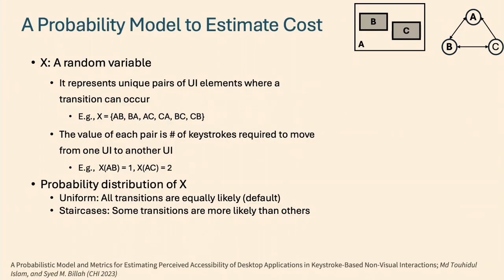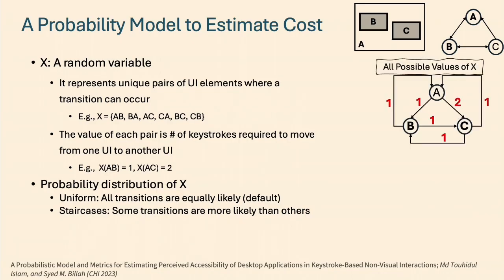So in our formulation, we define a random variable that is any two random pairs that a user can possibly move between. For example, a user can move from A to B, or A to C, or B to C. So that's our random variable.